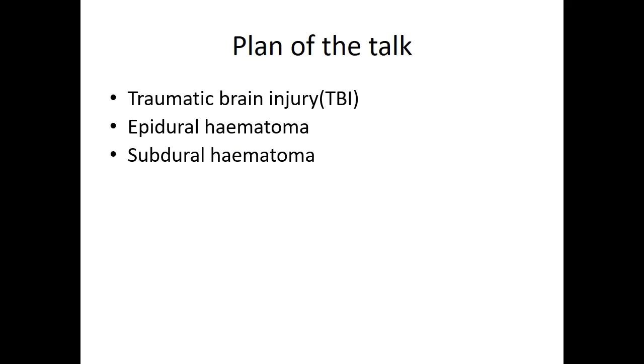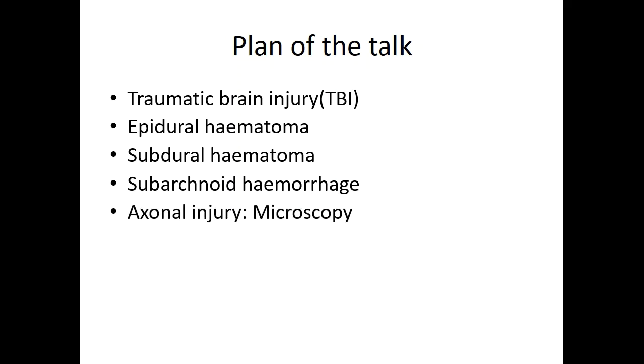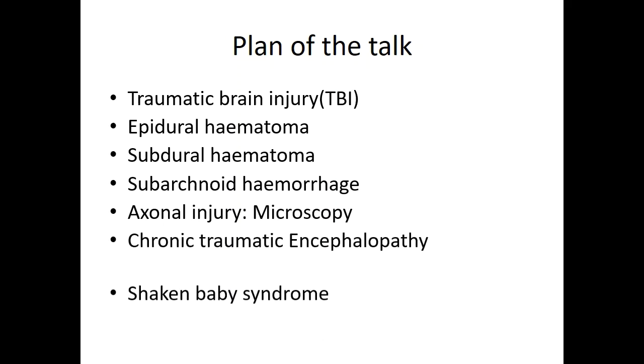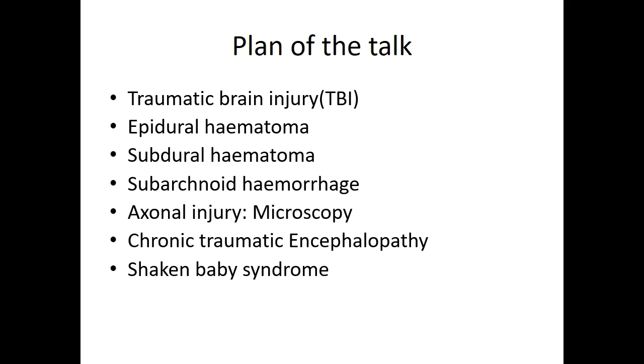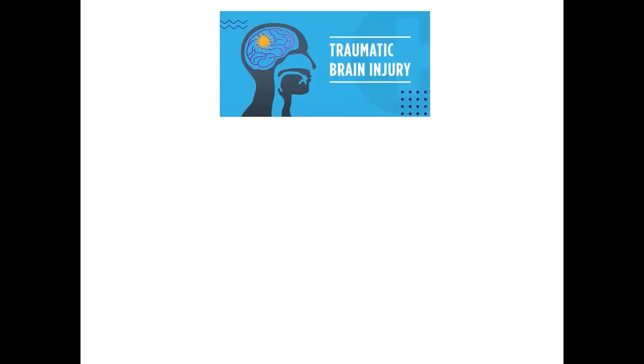We also plan to discuss a little bit about subarachnoid hemorrhage, which has also been covered in the previous class. Axonal injury, the microscopic picture of it, chronic traumatic encephalopathy, shaken baby syndrome, and finally, the effects of the traumatic brain injury. So let's start.